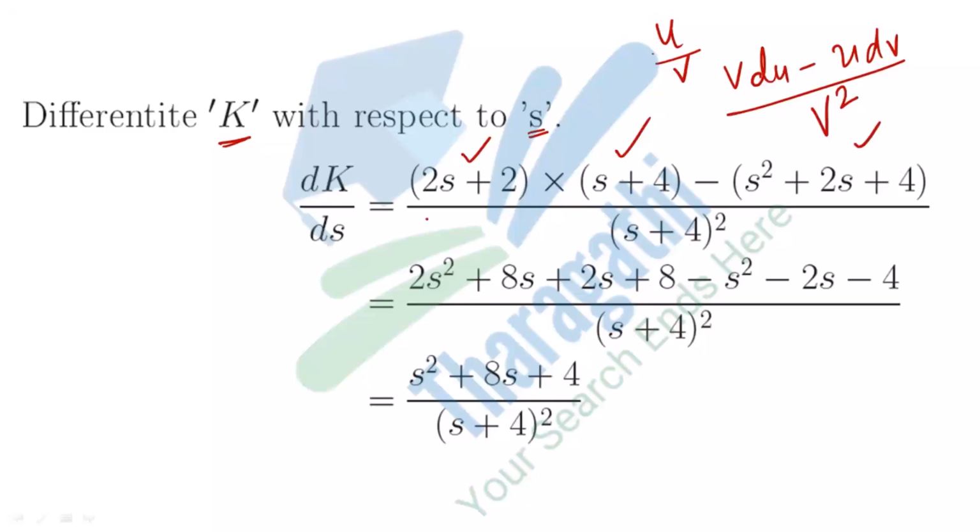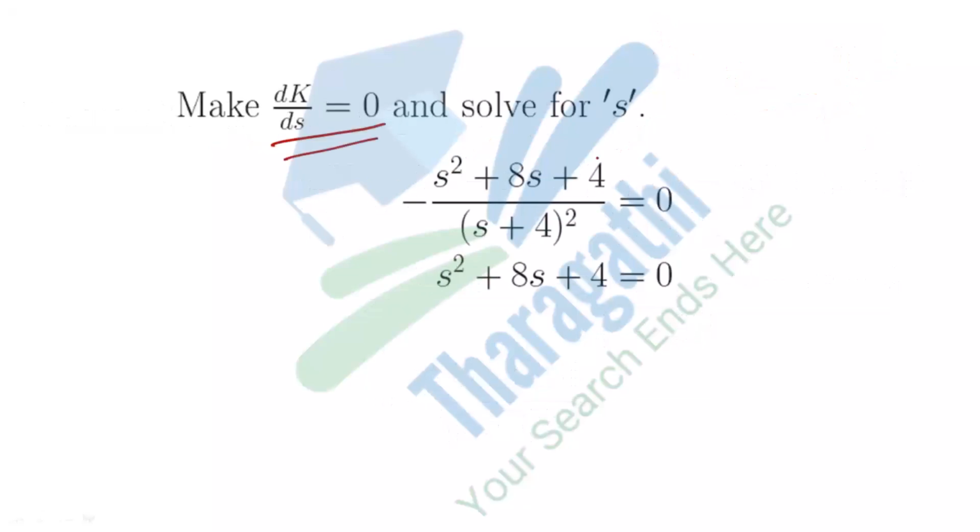You multiply the factors and simplify, and you will get dK/ds equal to (s² + 8s + 4) / (s + 4)². Now you make dK/ds equal to 0 and solve for s.